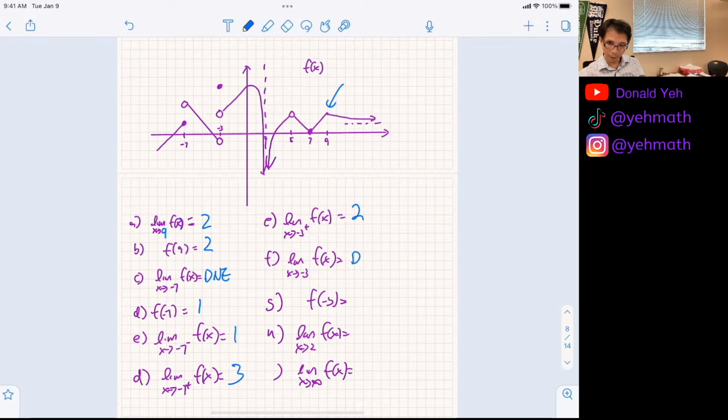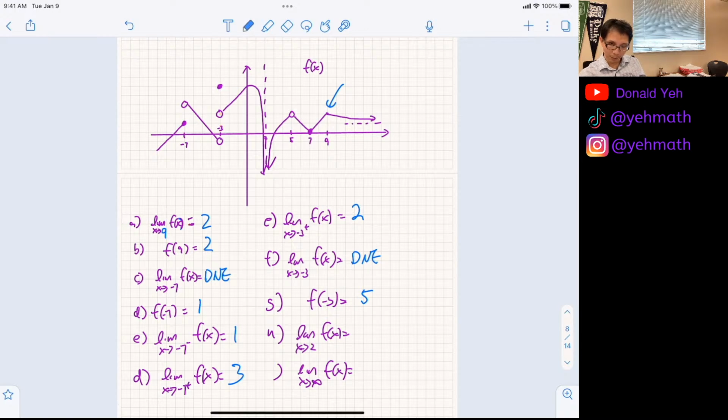Does not exist. Perfect. What about f of negative 3, Mason? It's actually 5 here because you're looking at the output. You look at the solid dot. Oh, I didn't see the solid dot. Yeah, so 1, 2, 3, 4, 5.